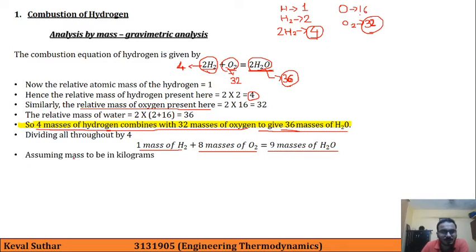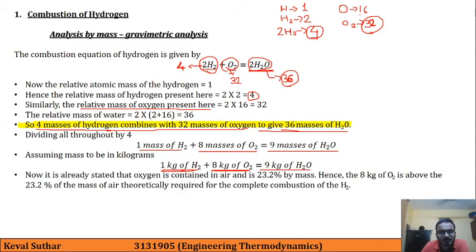Finally, assuming the mass to be in kilograms, instead of simple mass we can write kg, that is 1 kg of H2 plus 8 kg of O2 is equal to 9 kg of H2O. So it is quite straightforward.